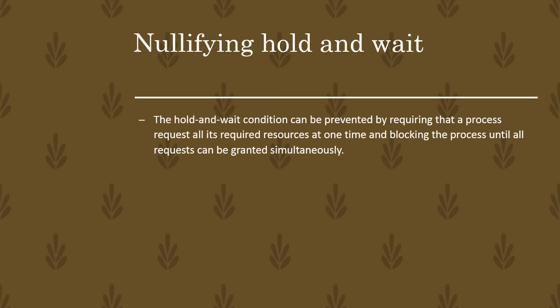So the process must declare at the start of execution that it requires these 5 resources. And then it must wait till we give it all the 5 resources. We are actually nullifying hold here and we are making the process wait.